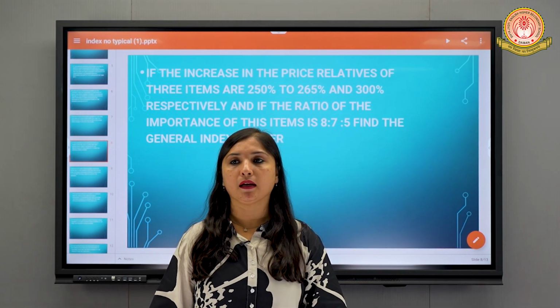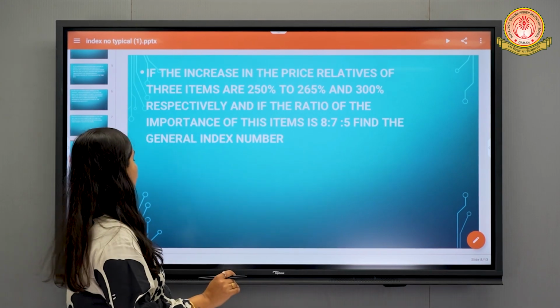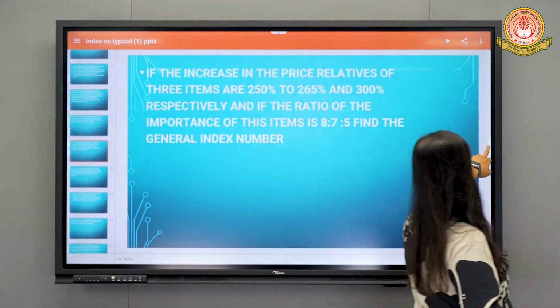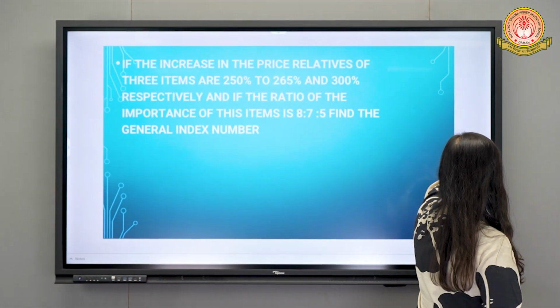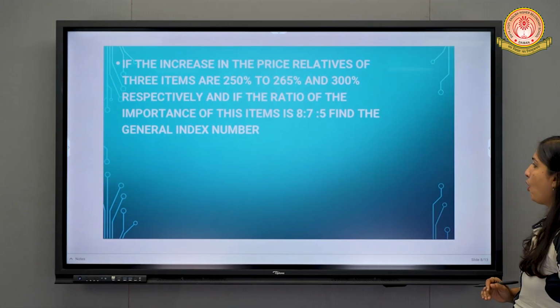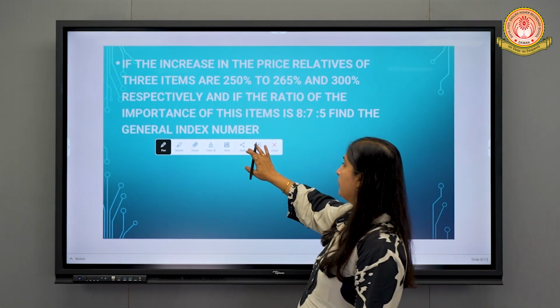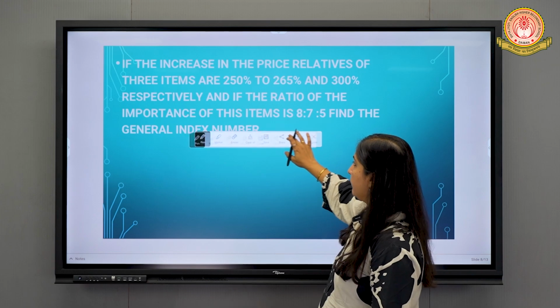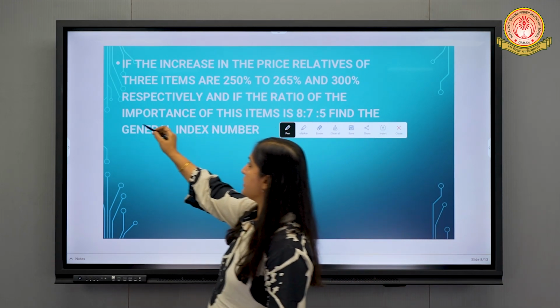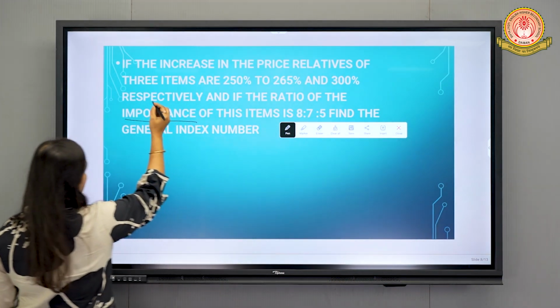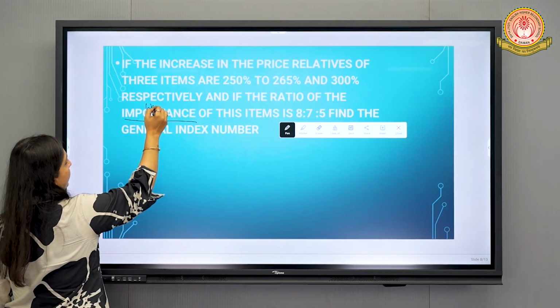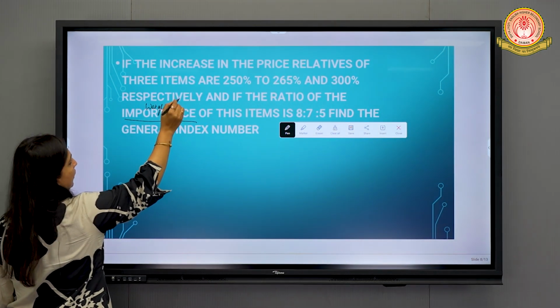In general index number, I told you before also, when importance is given to you, you have to understand that it is weight.